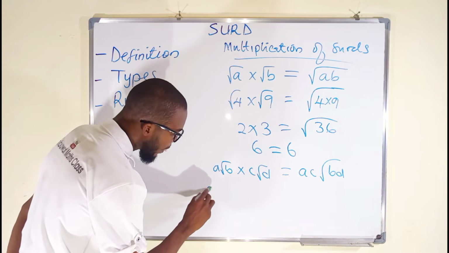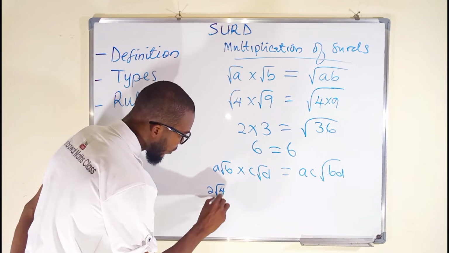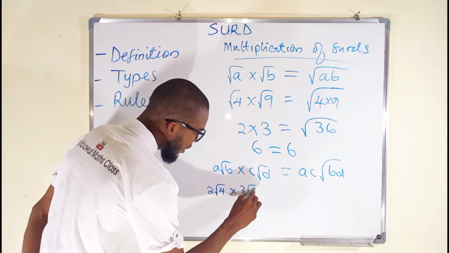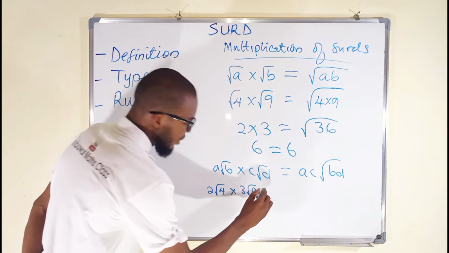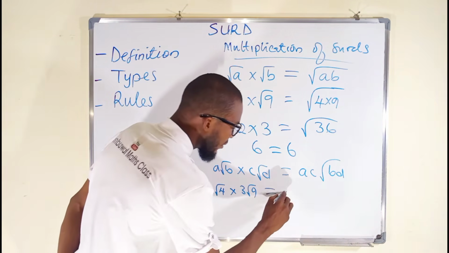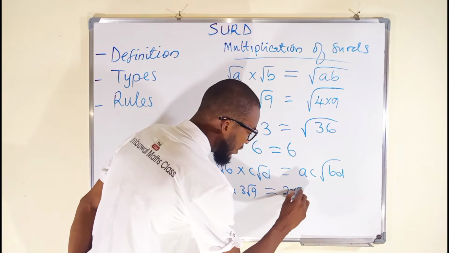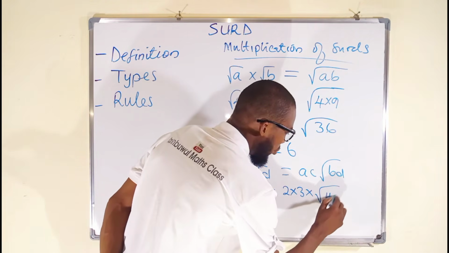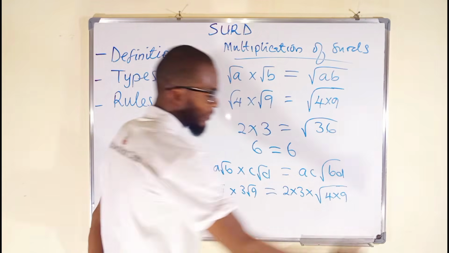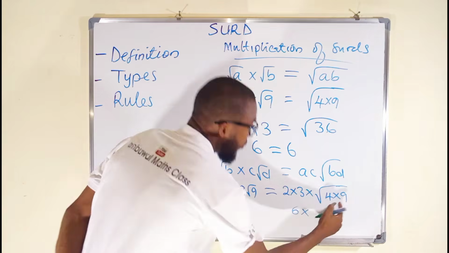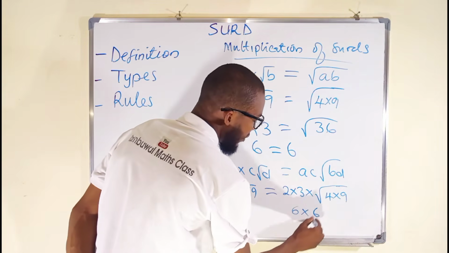Example, suppose we have 2 root 4 multiplied by 3 root 9, just like this one. You can take the rational numbers, multiply them separately. It is the same thing as 2 times 3, then times square root of 4 multiplied by 9. This one outside can be 6 times, you know, we have simplified this to be equal to 6.